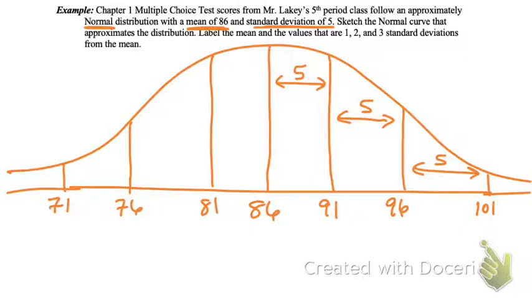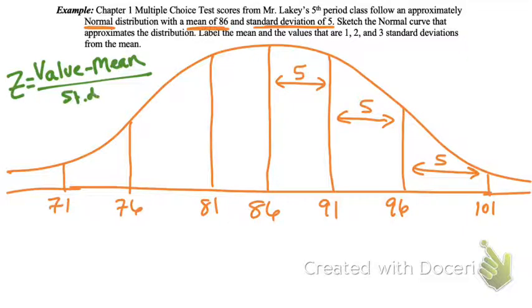Does anyone remember z-scores from last week? What is the formula for a z-score? Value minus mean divided by standard deviation. Okay, let's say somebody scored an 86 in this distribution.